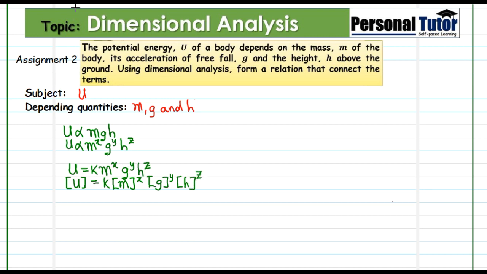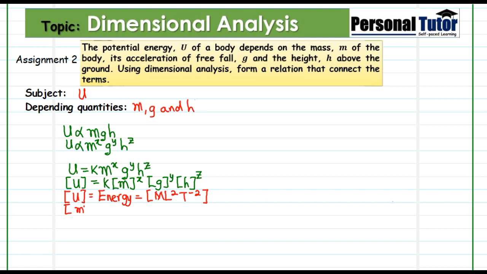Let's look at these terms in detail. The first one, being the U, is said to be potential energy. So that means energy, and the dimensional equation of energy is M L exponent 2 T exponent minus 2.